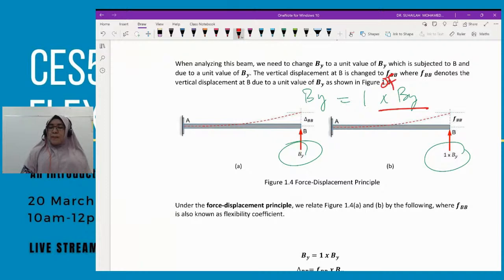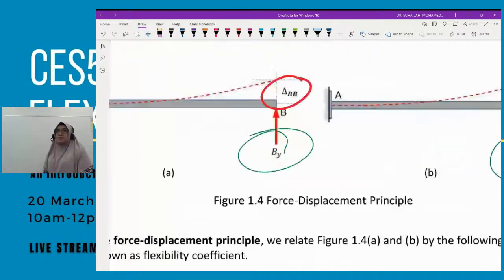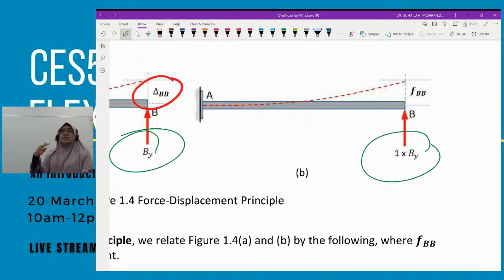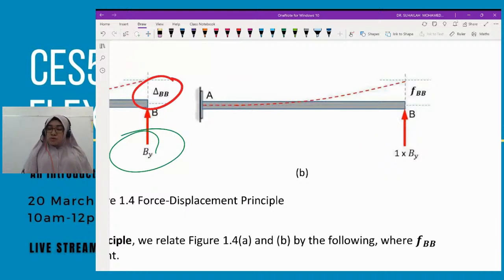So look at what else differs between these two diagrams. If previously it was By delta, when we change to 1 times By, 1 times By means a unit value of By. A unit value of By. Meaning we take out By.